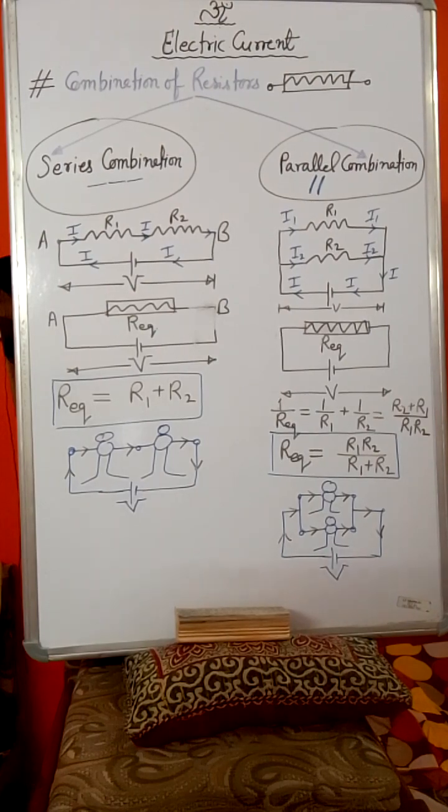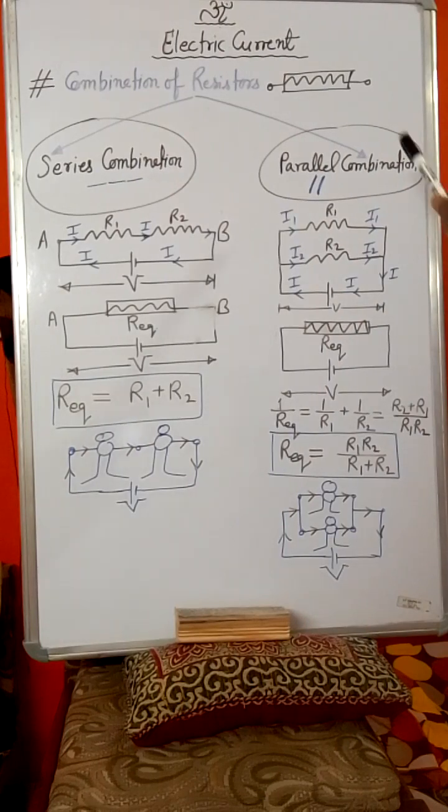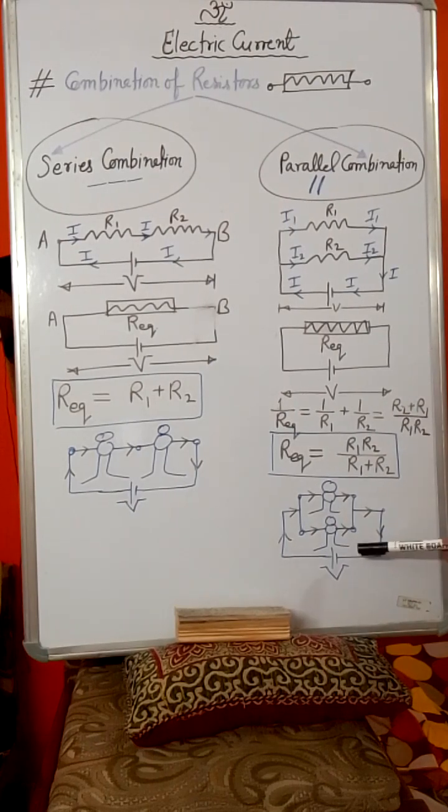Now let's talk about the parallel combination of resistors. Look at the next diagram. I want you to concentrate here. This is person number 1 and person number 2.